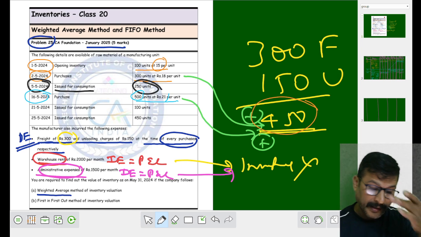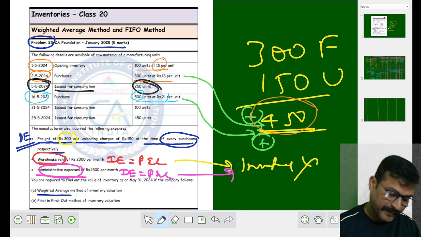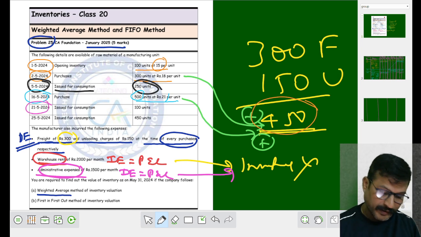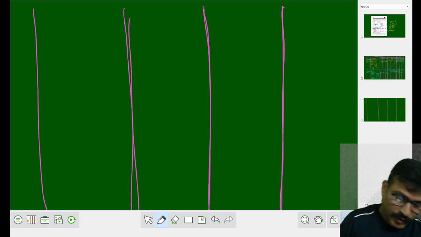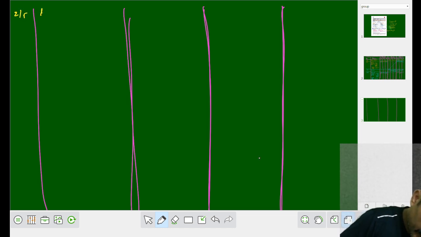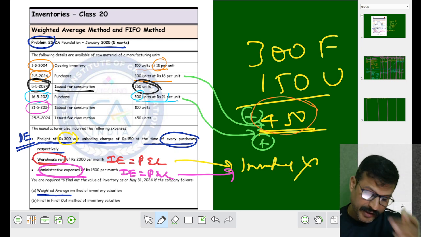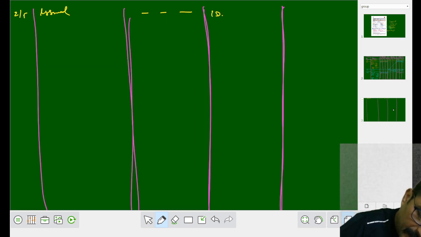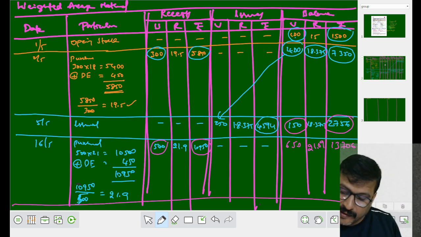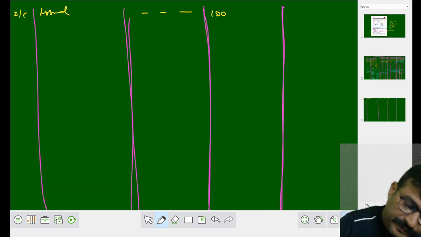Now what happened after this 16th? On 21st there was an issue. What did you do on 21st? Issued. Dash for the receipt column. How many units are issued? 100 units. See what was the rate? 21.09.